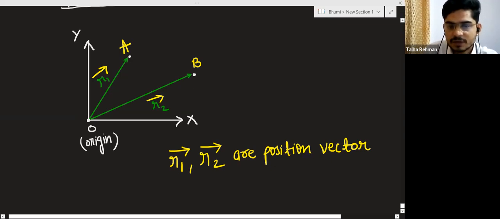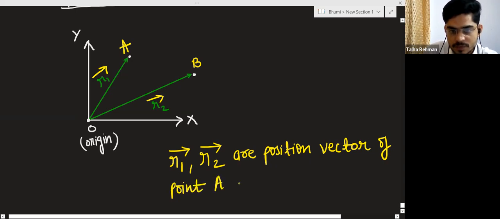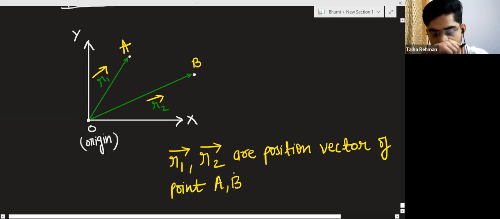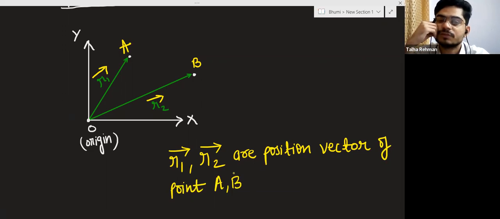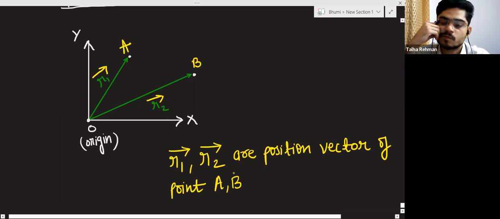R1, R2 are the position vectors of points A and B. So this is the position vector.